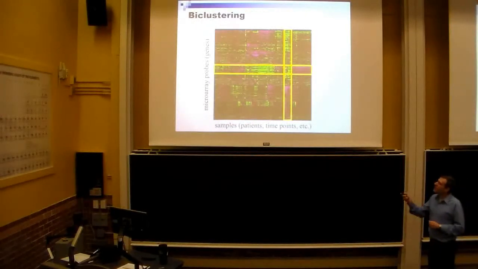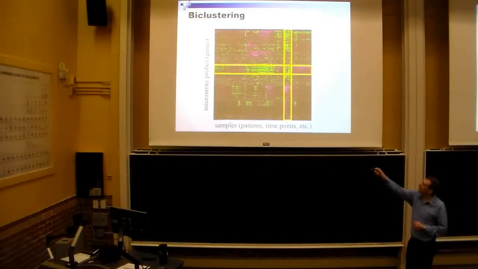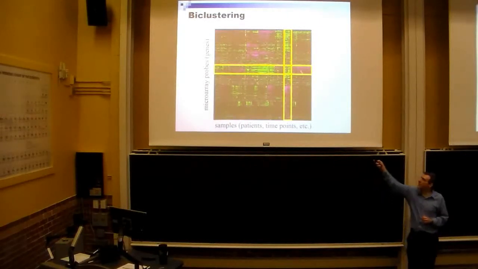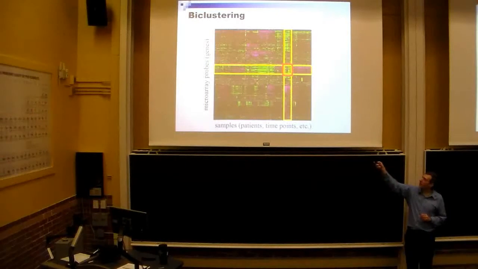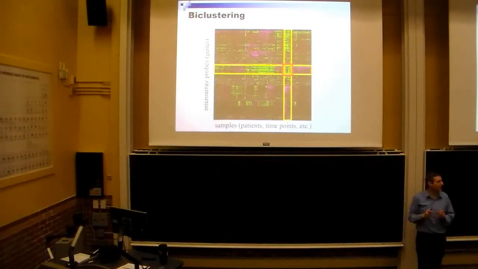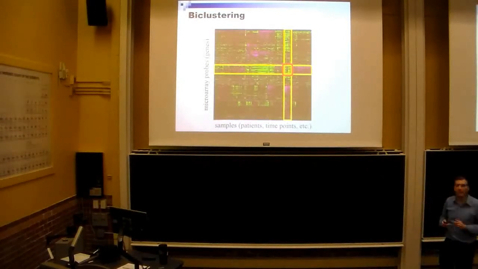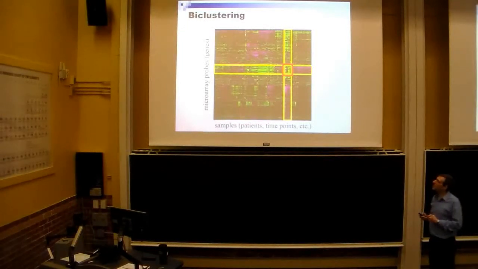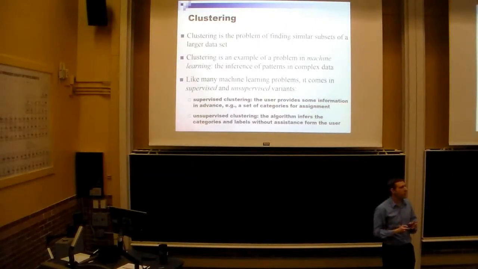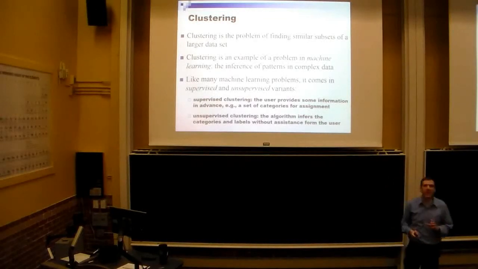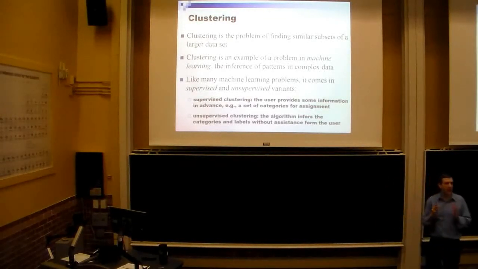In some cases, we do what's called bi-clustering, so actually try to do both of those tasks and look for these modules of genes that more or less have common patterns across the genes and across the samples for a subset, but it all comes down to basically the same kind of method called clustering. So clustering is this problem of taking those kinds of data sets and finding these patterns of similarity, finding subsets of samples within a larger set that exhibit similar behavior.